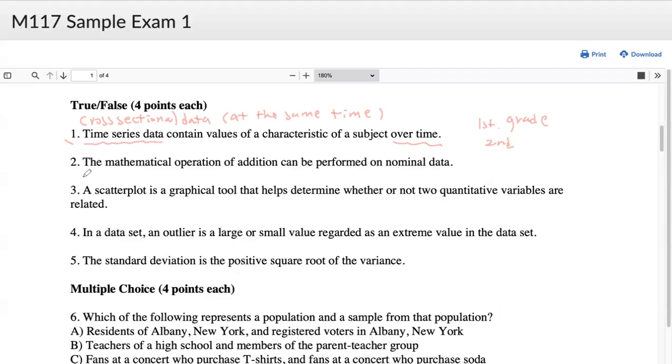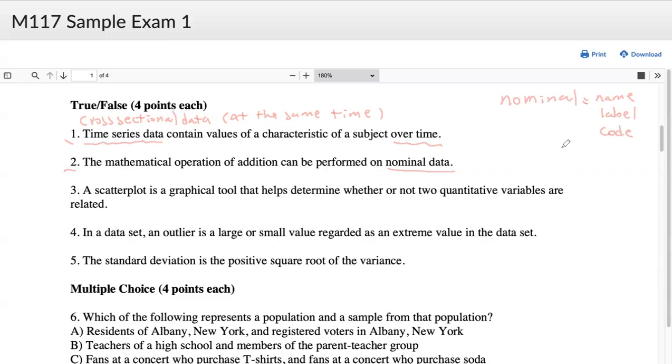The second one: the mathematical operation of addition can be performed with nominal data. Remember, we have four types of measurement scales. Nominal is the lowest one. With nominal data, you can only give a name or a label. You can label it, or you can code it.